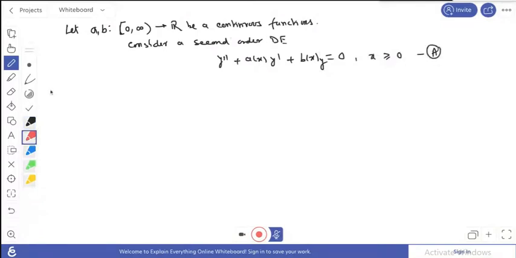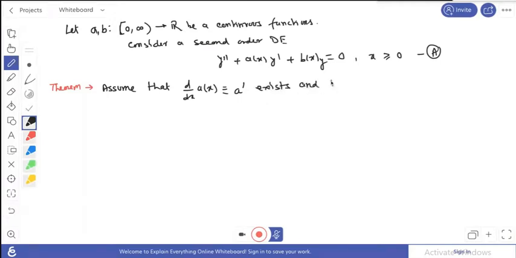So here, if this condition is given, we have a theorem, and the statement of that theorem is: assume that d by dx of your a(x), because this is your continuous function, is equivalent to a prime, and this derivative of this function exists and is continuous.